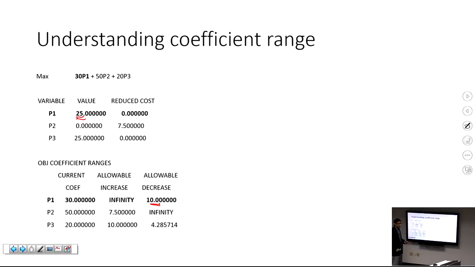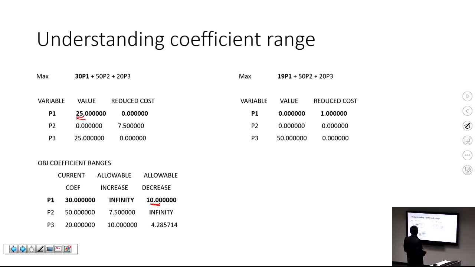If they start paying you less by more than $10, then you will not make as much of product 1. So I reduced it by 11, and what that did is, earlier you were making 25 of P1, and you are not making any P1 anymore. So that's how you interpret the allowable decrease.